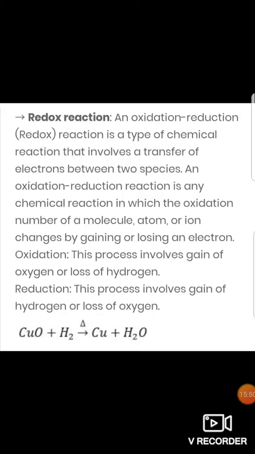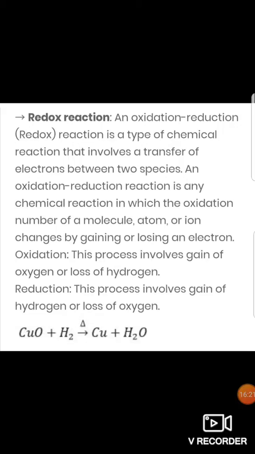losing an electron. Oxidation is the process that involves gain of oxygen or loss of hydrogen. In reduction, the process involves gain of hydrogen or loss of oxygen. CuO plus H2 gives Cu plus H2O.